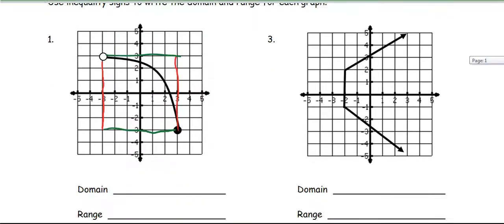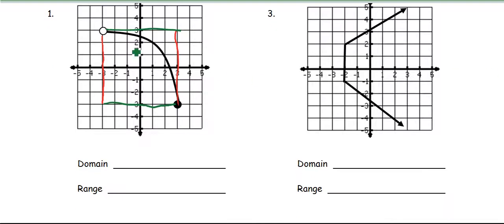For my domain, my domain is always my x. So I'm going to look, and it's going to be greater than, what does it point to over here? It points to -3.